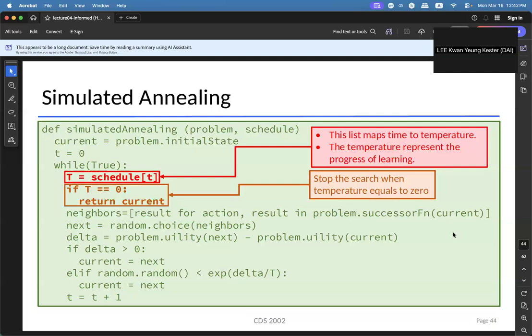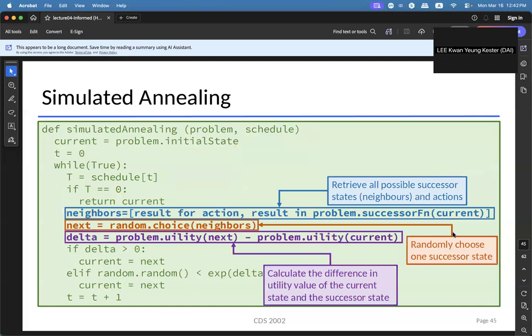The concept is that in the current state, you first get all the successor or neighboring states, and you randomly choose a neighbor among them.